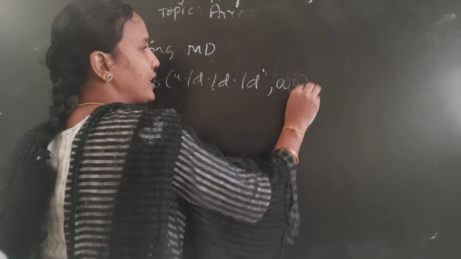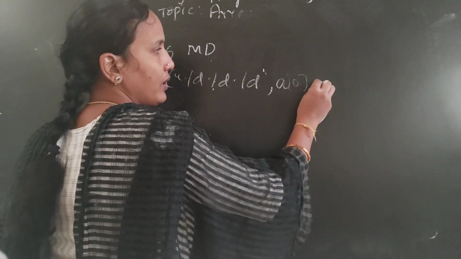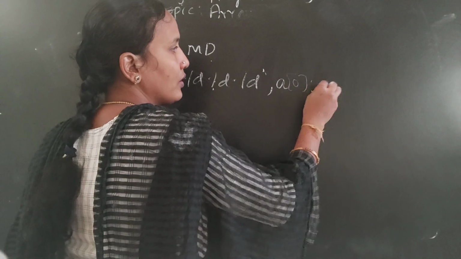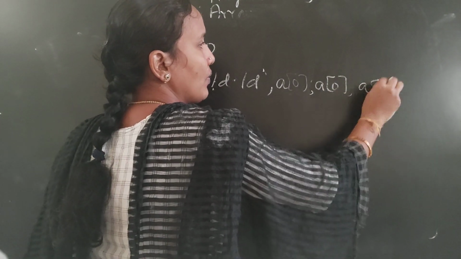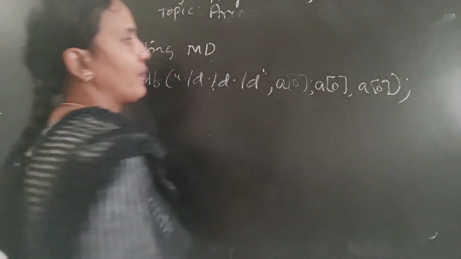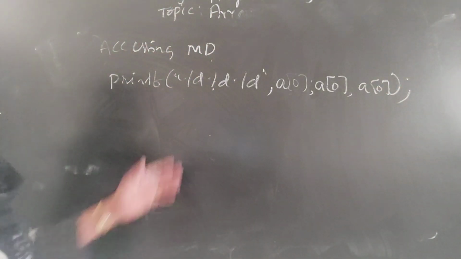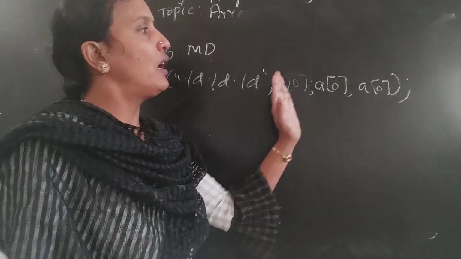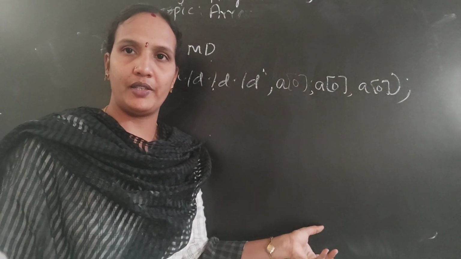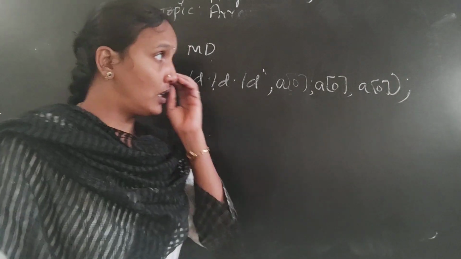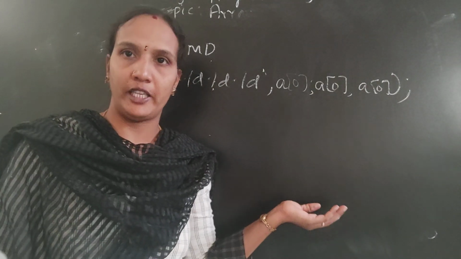For example, first table, first row, first column, like this. Okay, like that. First table, first row, again first row, second column. Like that you need to print. Okay, you try it once. If you don't get it, I will explain this again in the live class.